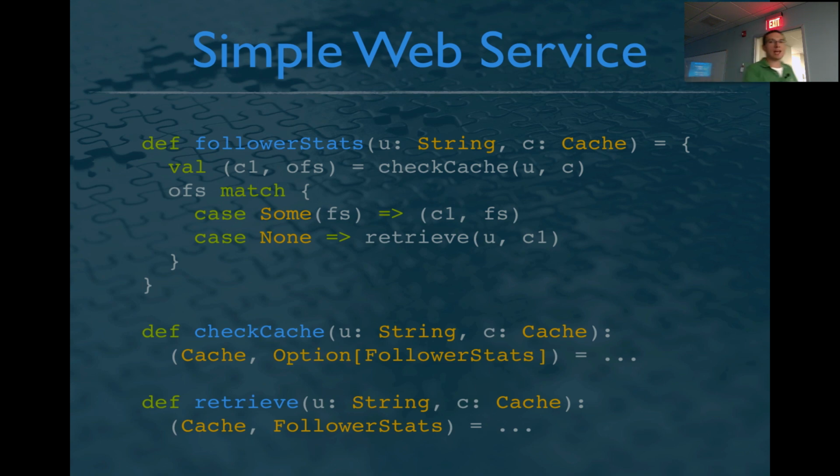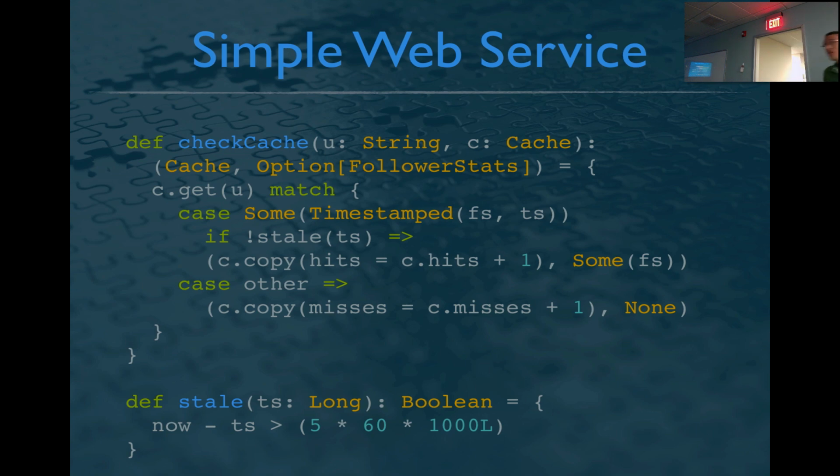And if we didn't get back anything from checkCache, we're going to go retrieve it from the web service. Does that make sense? As a side note, I'm not doing anything with I/O today, so this is not purely functional code because, theoretically, in this code we're going to go to a web service. So it's not really the focus of today.